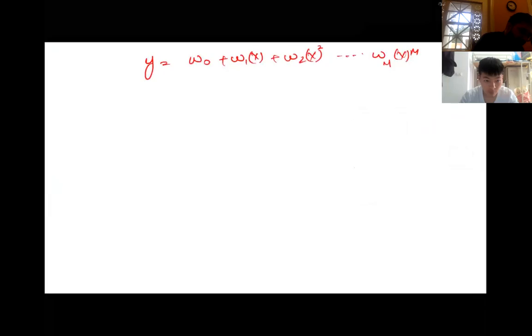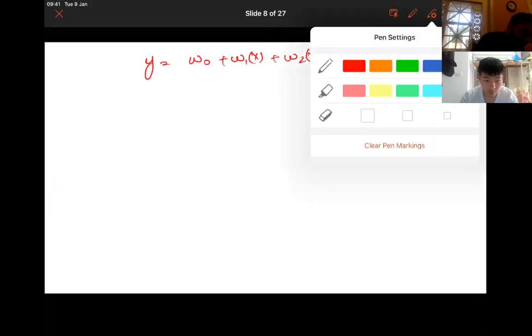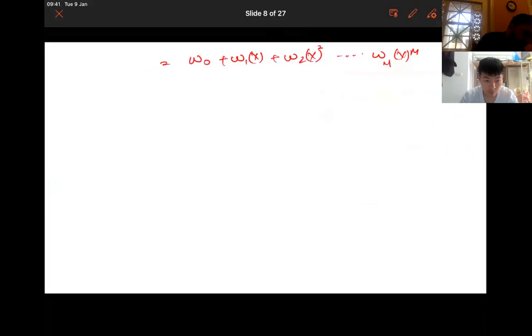We have a setup where you can write y in terms of a hypothesis function: w0 plus w1x plus w2x squared plus up to wn x power n. Let me write it as hypothesis function h. So this is h of x.